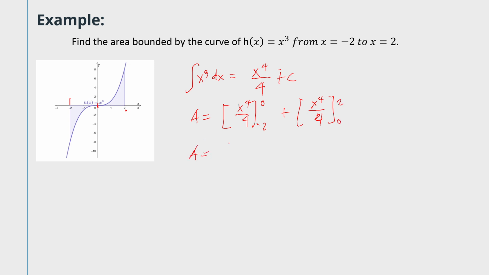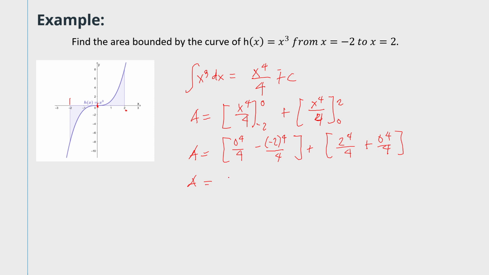So area is equal to 4 raised to 4 over 4 minus negative 2 raised to 4 over 4, then plus 2 raised to 4 over 4 plus 0 raised to 4 over 4.